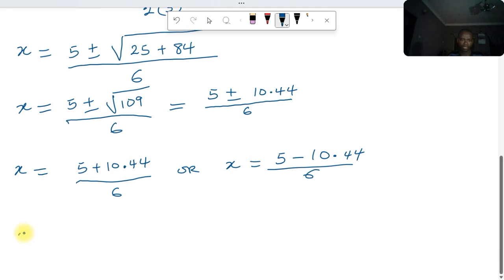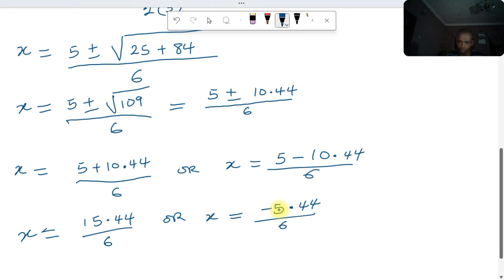So if you add this together, you have 15.44 divided by 6, or you have x equals minus 5.44 over 6.